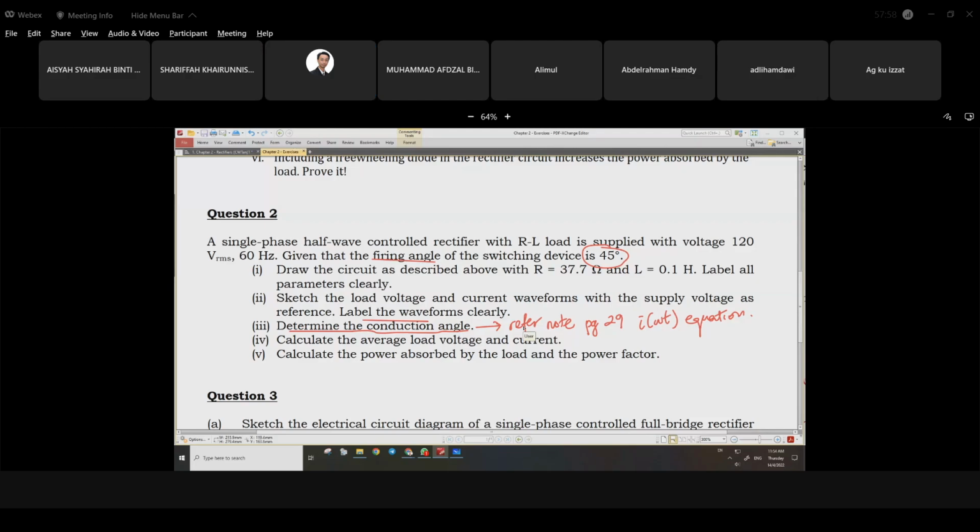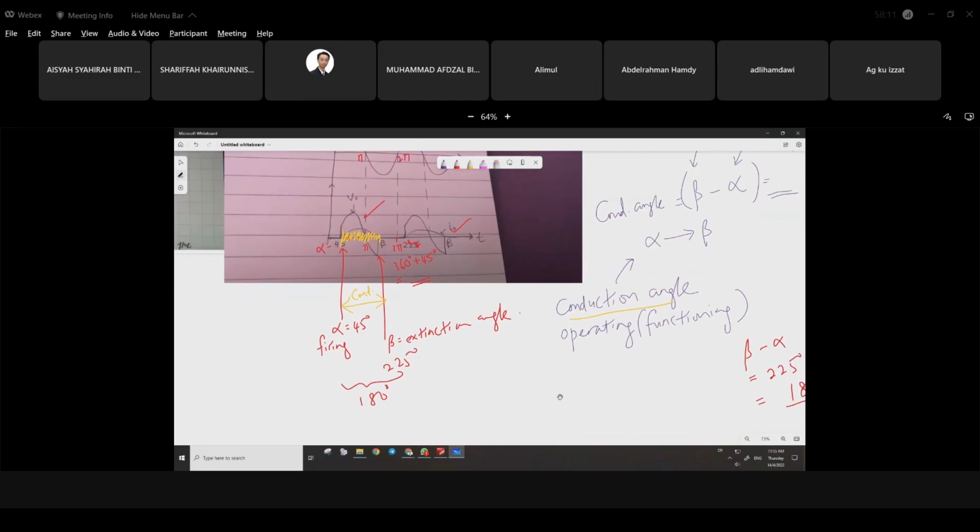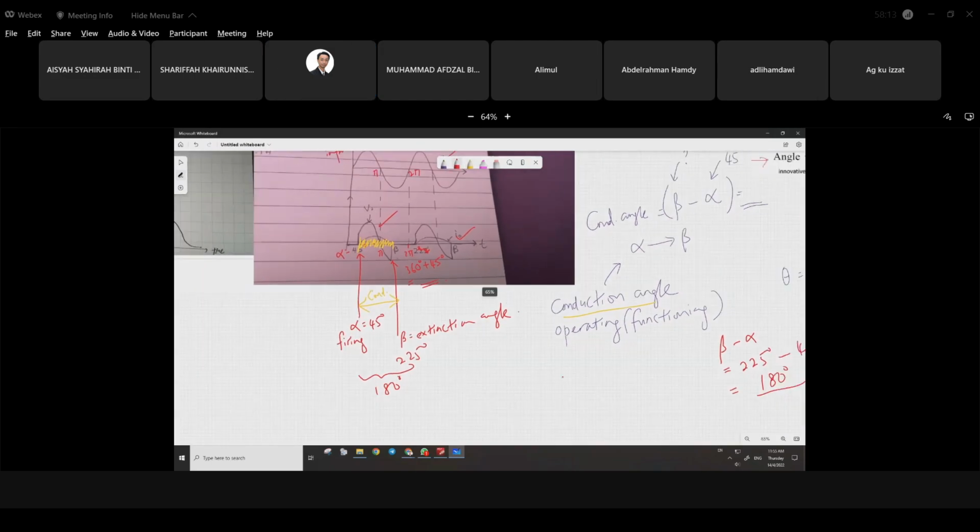I also cannot remember. So if in the case we cannot remember, what do we do? See the formula. We can derive the equation.